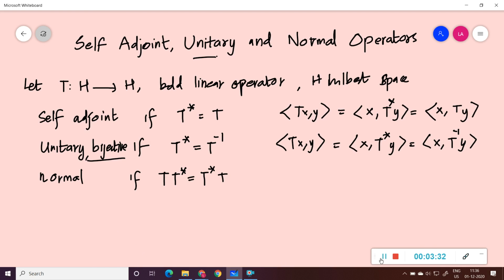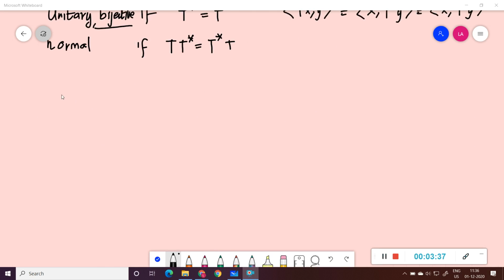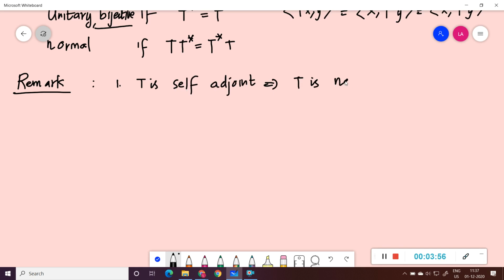So we can formally state that. The first remark is: T is self-adjoint implies T is normal. So assume that T is self-adjoint.